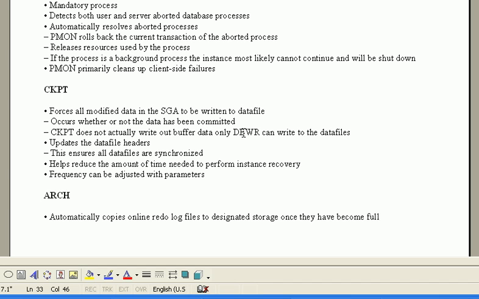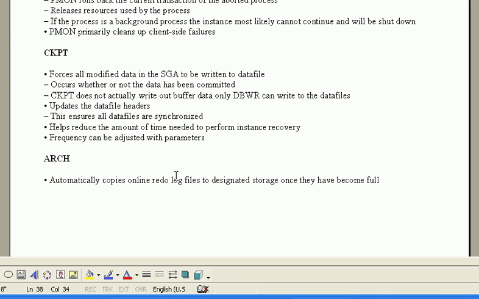It updates the data file headers, that is, this ensures all data files are synchronized. Next, it helps reduce the amount of time needed to perform instance recovery. Frequency can be adjusted with parameters.